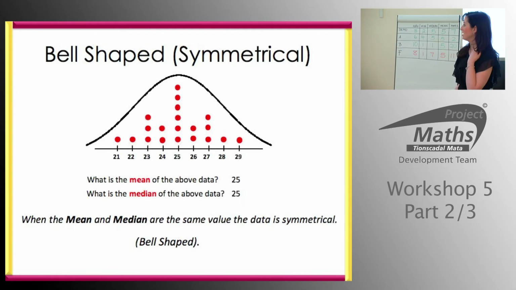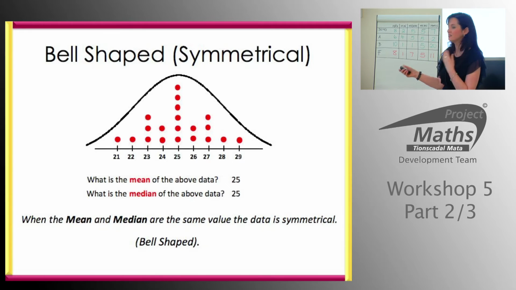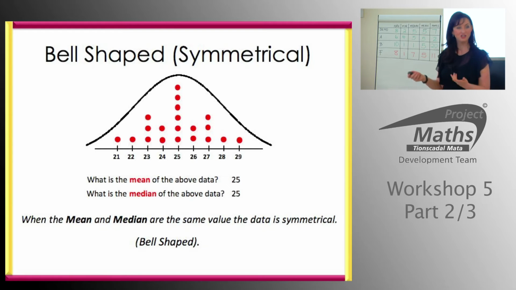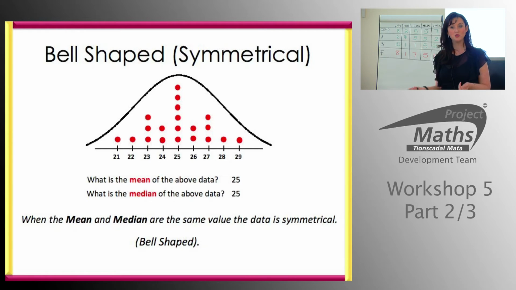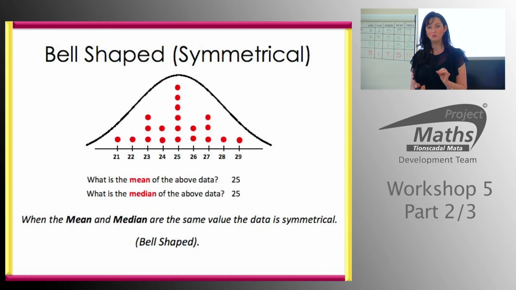So here's a shape which we would say is symmetrical. Okay, can you see the left-hand side is the same as the right-hand side? It's symmetrical. So in a situation like this where it's symmetrical, we call it bell-shaped. Okay, so my distribution is bell-shaped. Now, in order for something to be bell-shaped, the mean and the median must be the exact same number.